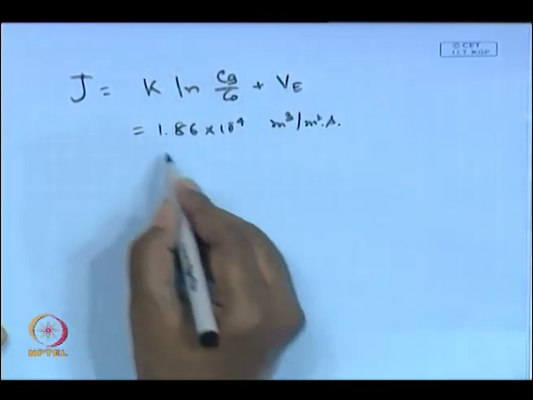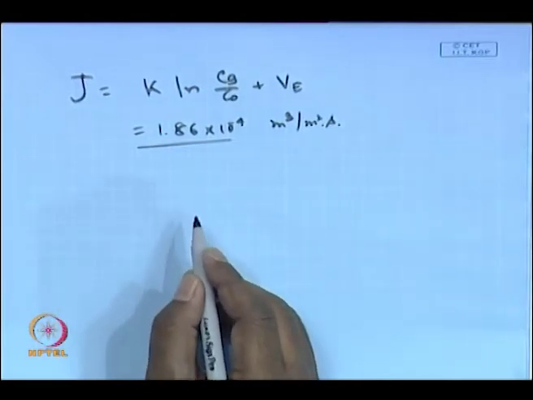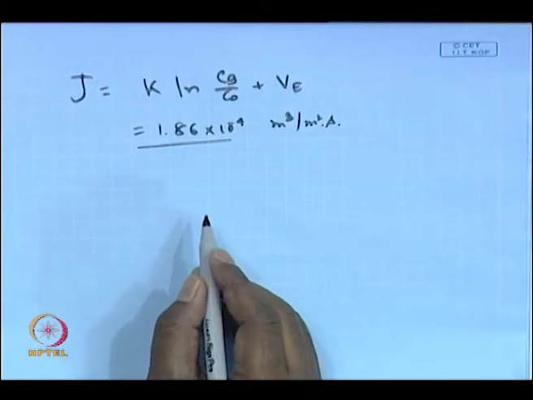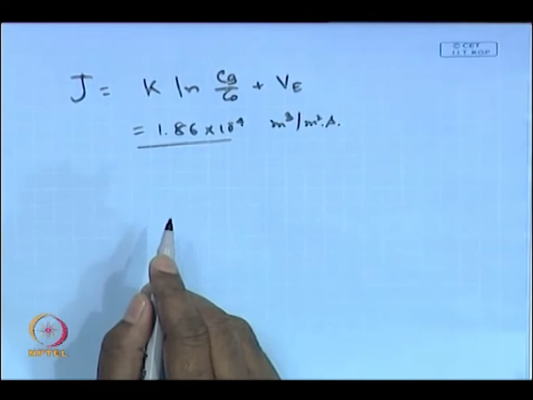Compared to the last problem, there is no significant enhancement of the permeate flux in this problem. That is because of the values of the parameters that we have selected. In the last problem, we saw an improvement of 20% in flux, but as we discussed in the last class, I would like to emphasize that if you keep increasing the electric field strength, you will not get infinite permeate flux enhancement, because beyond a particular point the electrolytic solution will start dissociating.